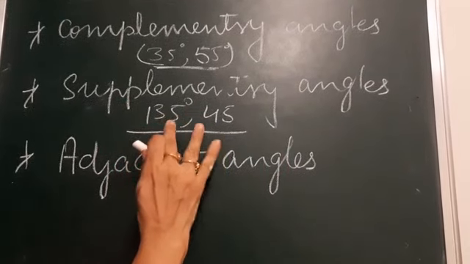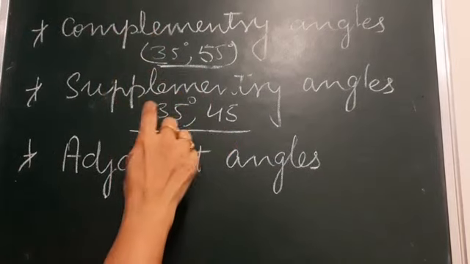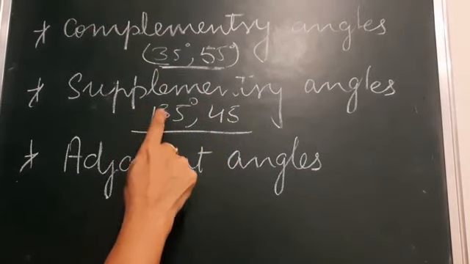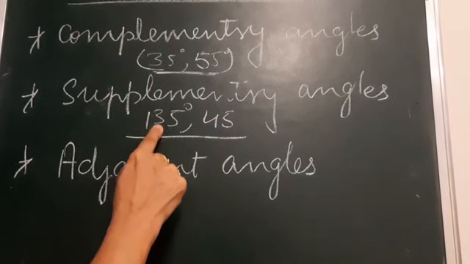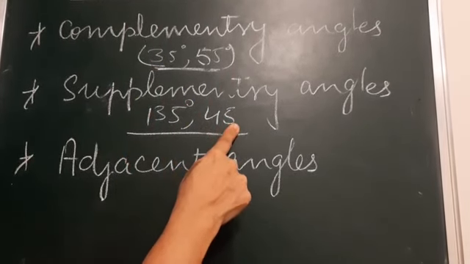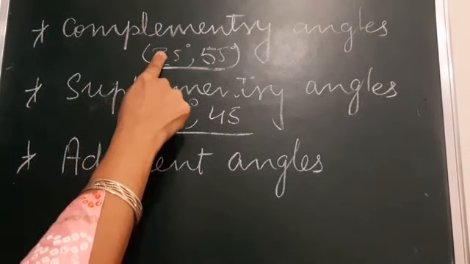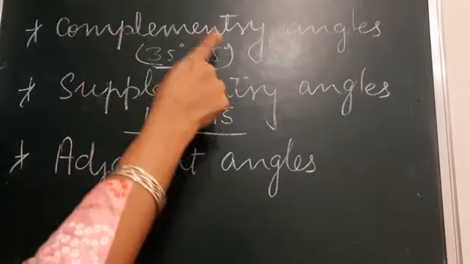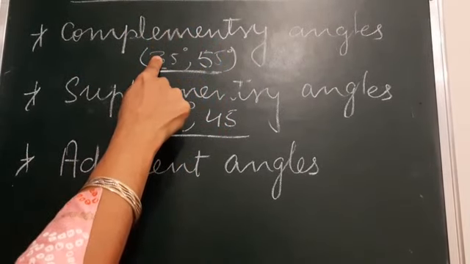Then the pair is called supplementary, and each of the angles is called the supplement of the other. Like 135 is the supplement of 45 and 45 is the supplement of 135. Here also 35 is the complement of 55 and 55 is the complement of 35.